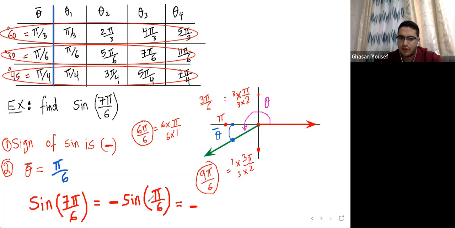Let me remind you, the sine of 30 is 1/2. Yes, correct. So here is minus 1/2. This is the final answer for this example.